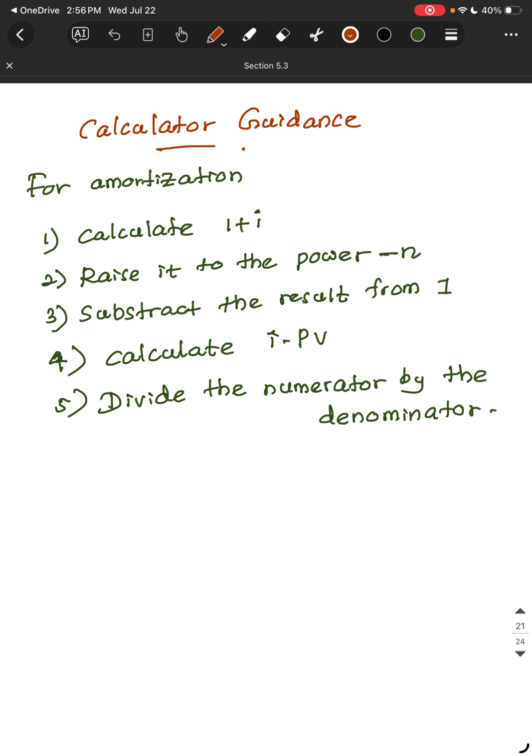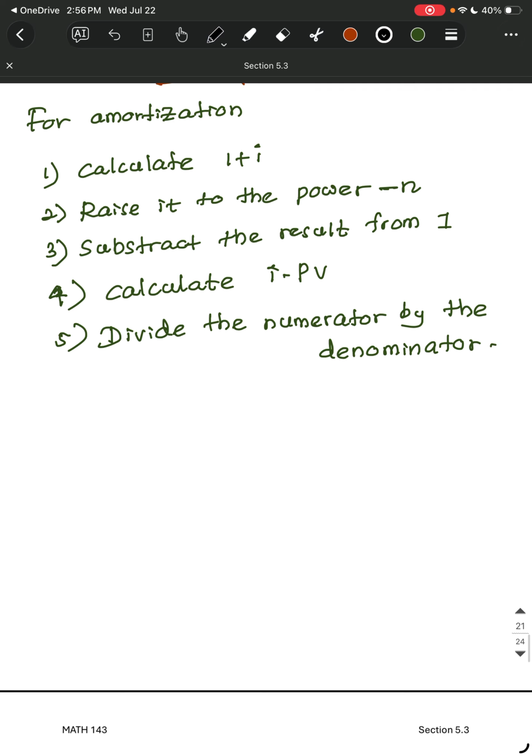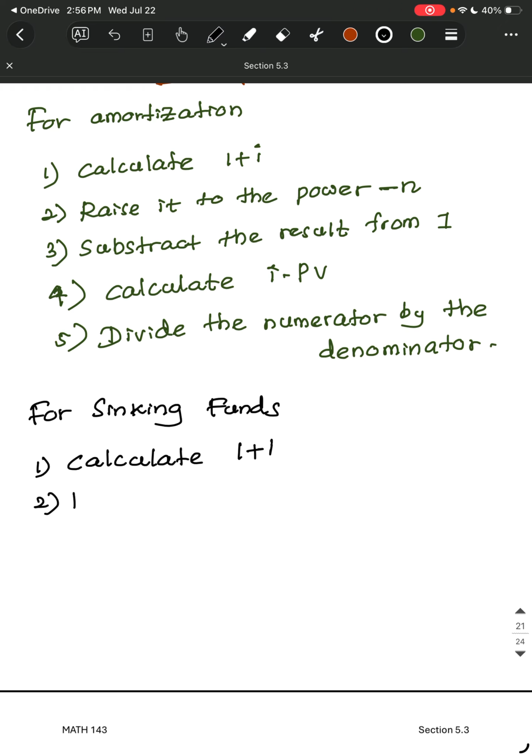Okay, next. For sinking funds, first step, calculate 1 plus i, same as amortization. Raise it to the power n, not negative n.